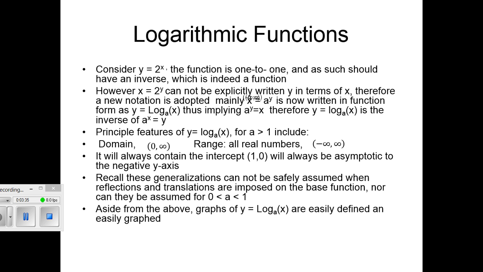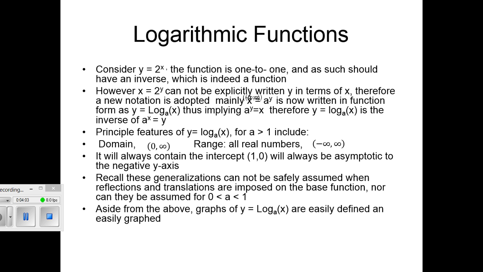Recalling these generalizations, they can be safely assumed when reflections and translations are imposed, as there's the same impact, moving it left, right, up, or down. We can say the same thing is going to happen when we consider the values of a between 0 and 1.